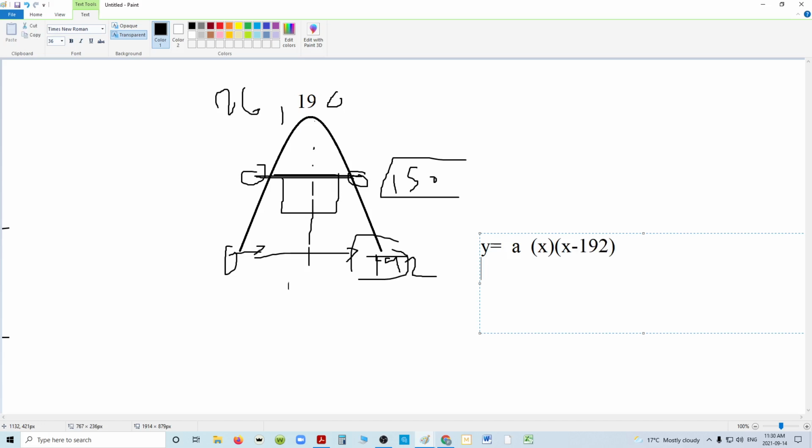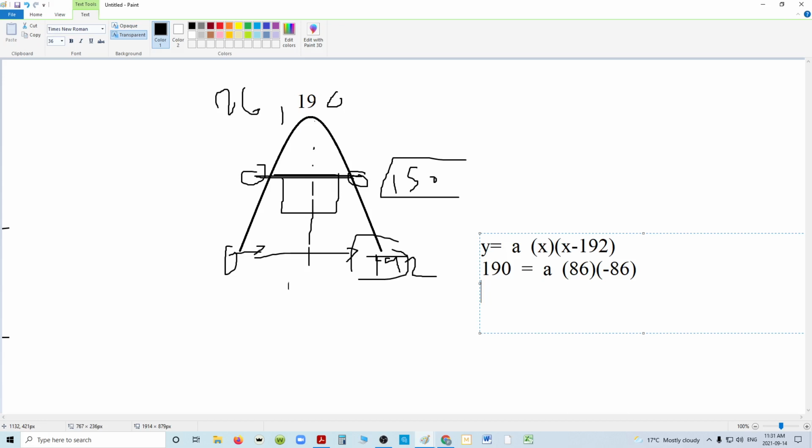To solve it, I have to plug in any value of x and y that I know that's not on the x-axis, and that's the halfway point, 190. So I plug in 190 for y, I leave a, and I plug in the actual x value for x, sorry. Then for the other factor, x minus 192 gives minus the same amount.